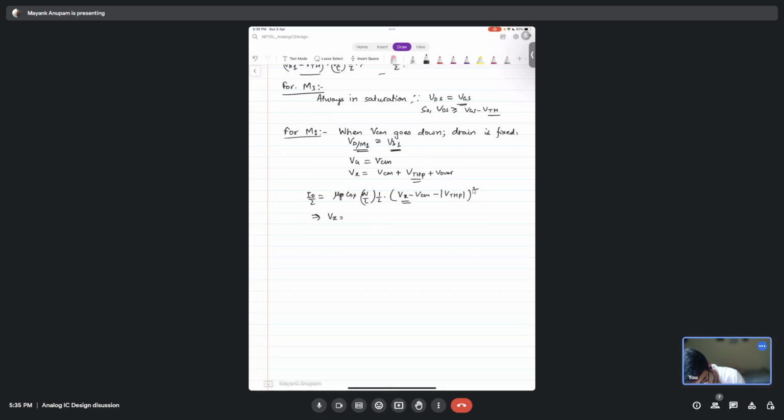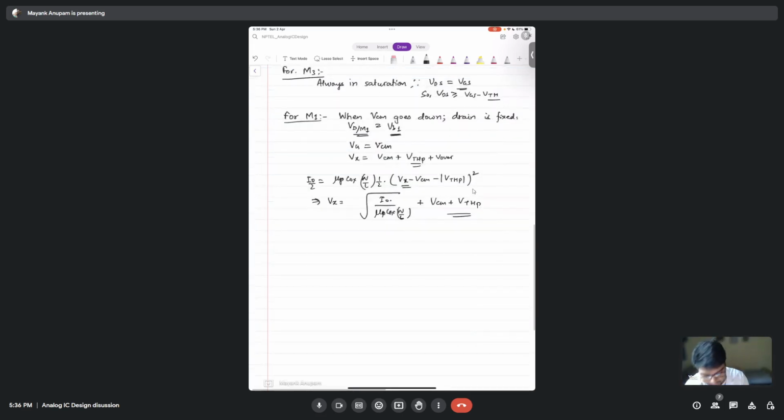VCM plus VTHP plus the square root of 2 I naught divided by mu p Cox W over L, isn't it?